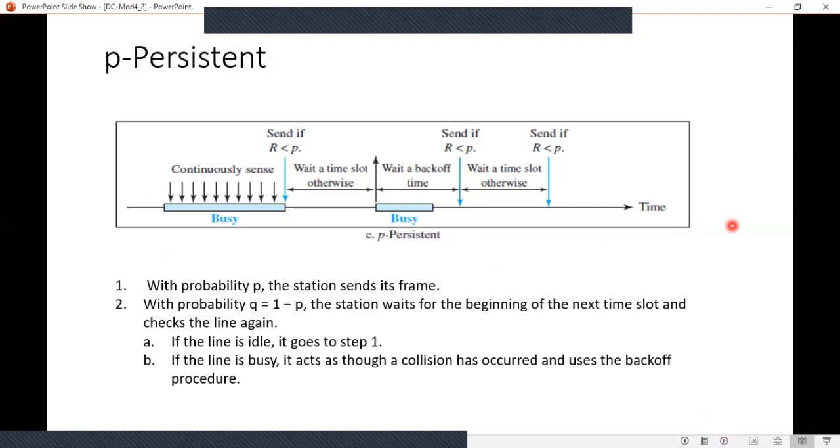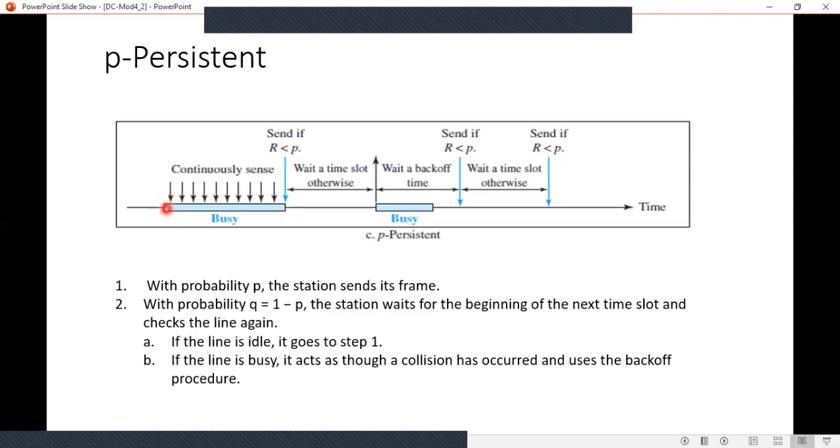Next is the P persistent, that is based on the probability. In this case, initially the station will continuously sense the channel to check if it is busy or idle.